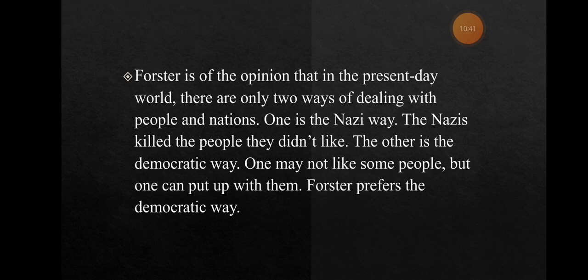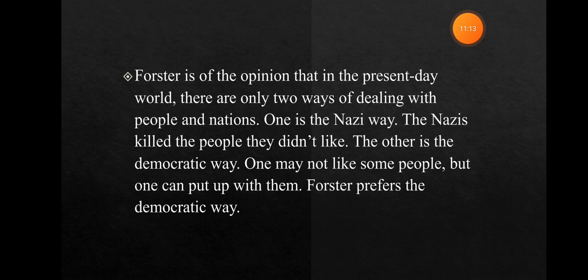Forster says again that in the present day world there are only two ways of dealing with people and nations. One is the Nazi way. The Nazis killed the people they did not like. The other is the democratic way. One may not like some people, but one can put up with them. Forster preferred the democratic way only.